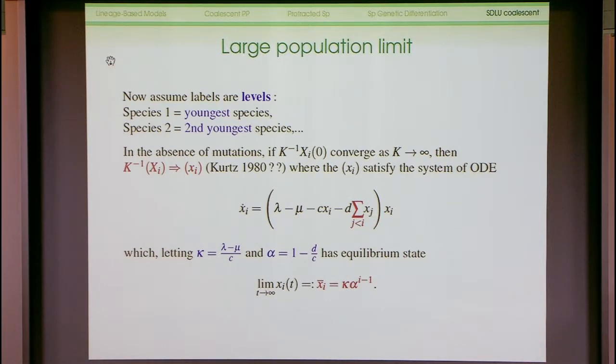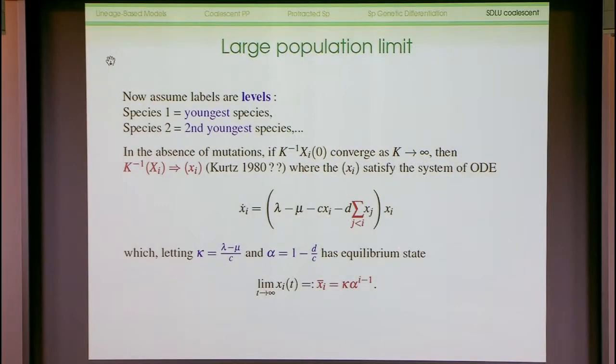So you start with one species, a second species arises which does not feel the competition from the first species, a third species arises that does not feel the competition from the first two, but the second one feels the competition from the new one. So it's basically a competition matrix which is triangular.